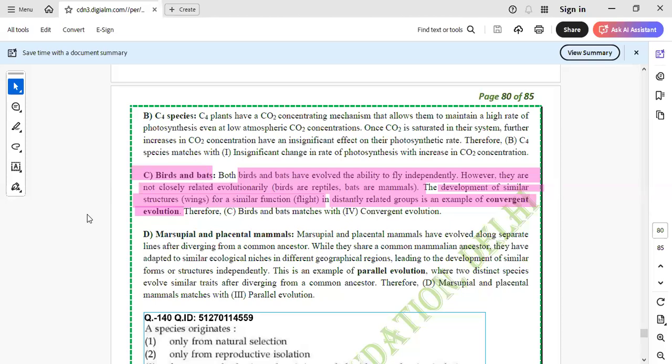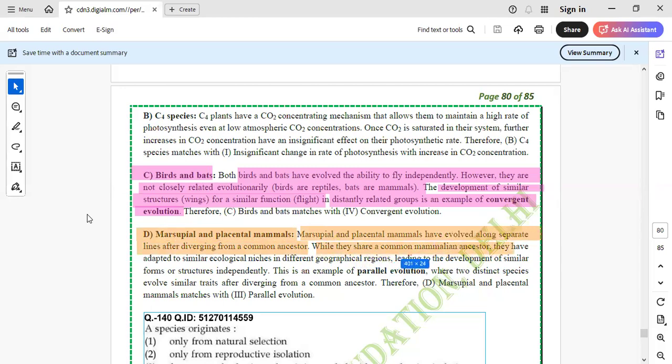Then we have the marsupial and placental mammals, like kangaroos and all placental mammals which are here. So marsupials of Australia, we say, and placental mammals have evolved along separate lines after diverging from a common ancestor. We think that they have the common ancestor.